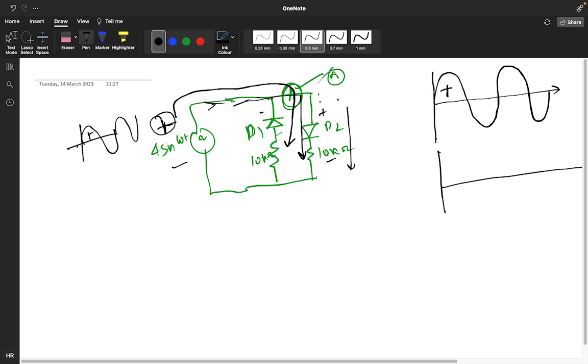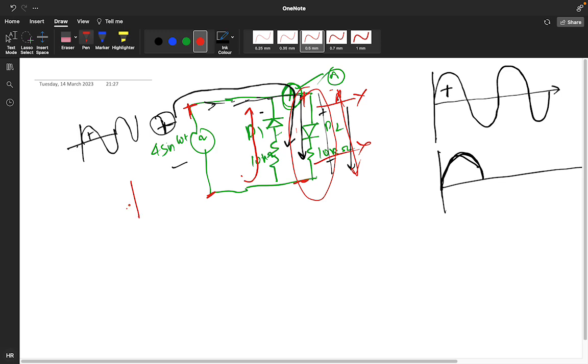If it will conduct, the same thing you will get as the output voltage, right? It's a parallel combination. Positive, negative, it is conducting, so whatever the voltage is here, it will be generated at this particular terminal. But when it is negative, this will be off and this will start conducting.